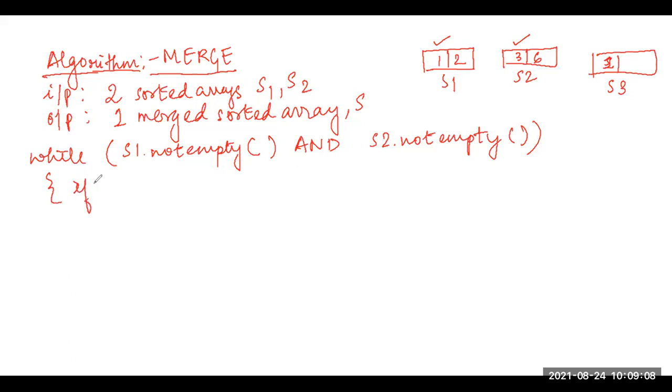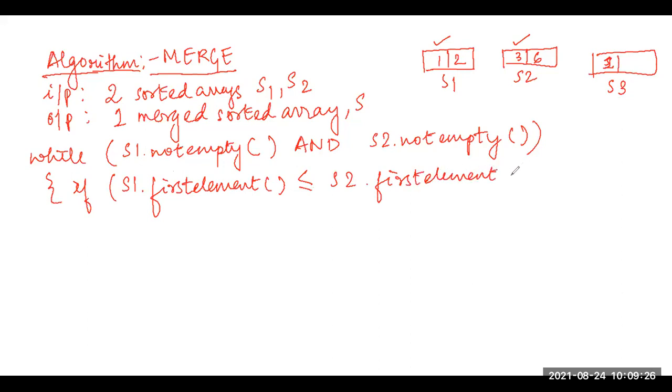So the writing will be, if S1 dot first element is lesser than or equal to S2 dot first element, both of them have the same logic, then I will remove the first element from S1 and I will insert it in S. So what did I do?